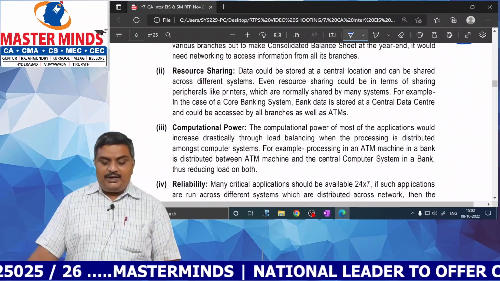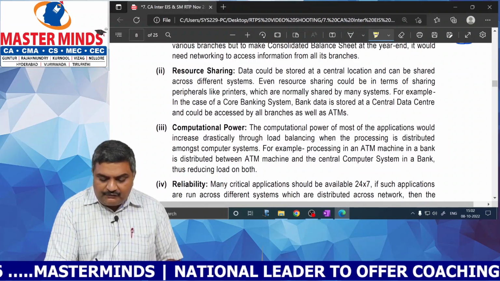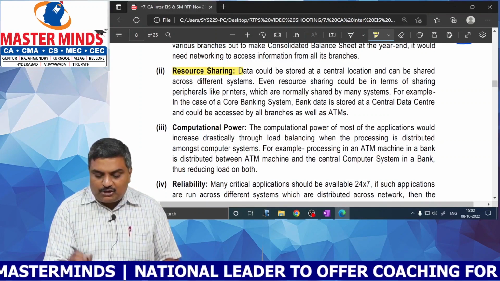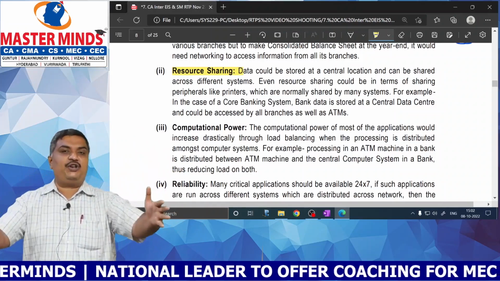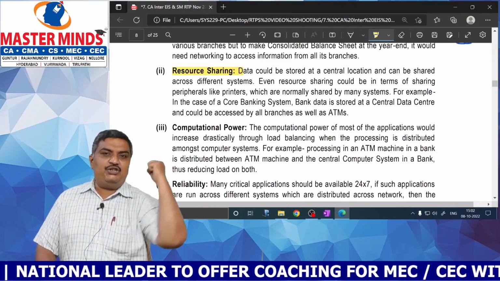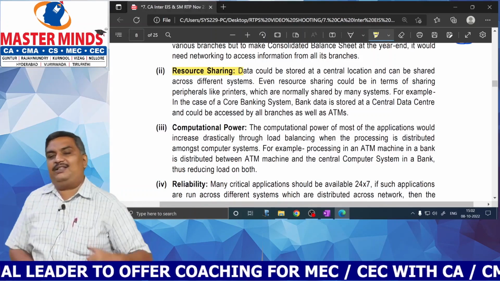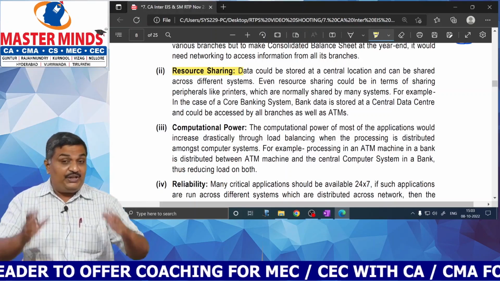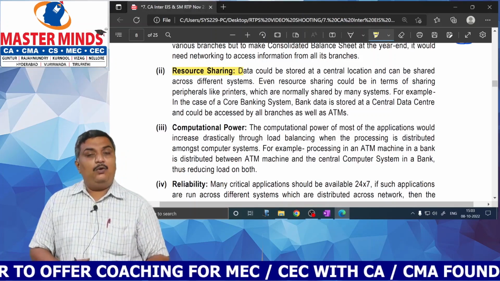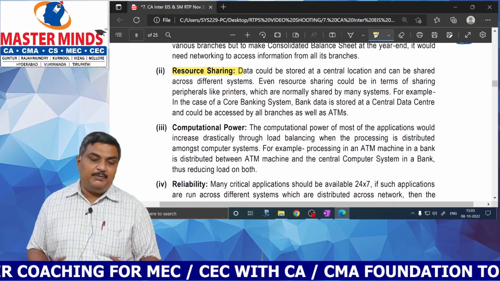And the next important thing, the most important, whenever anyone talks about network, the first and foremost advantage they talk about is resource sharing. What you can do with a network, you can share the resources, you can share the data, you can share anything in a network. So data can be shared, peripherals can be shared, everything can be shared.